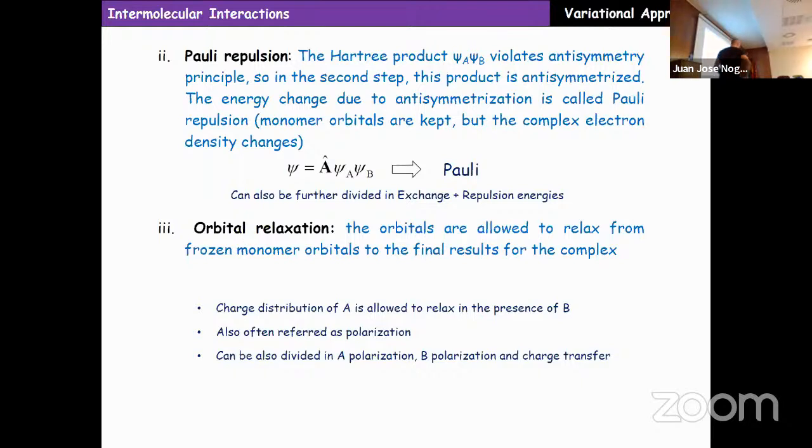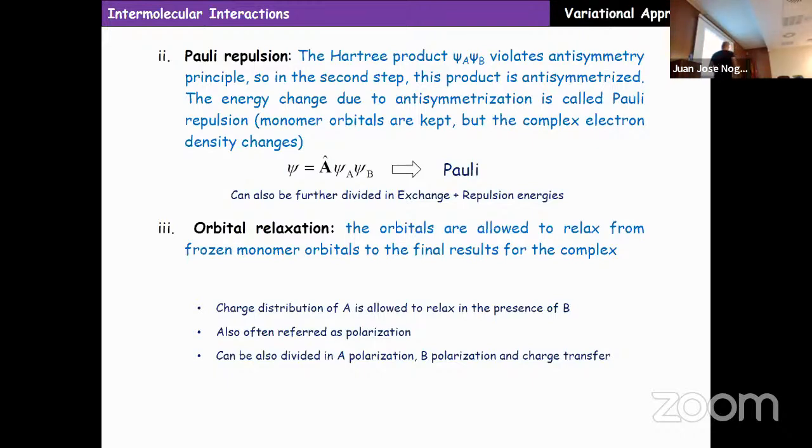And finally, we have the last step in the variational scheme, which is the relaxation of the electrons. Now we let the electrons and nuclei from fragments A and B interact. Of course, we now have a polarization of the electron density of A and B, and orbital relaxation.